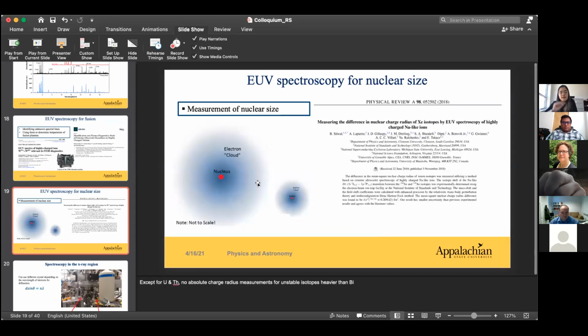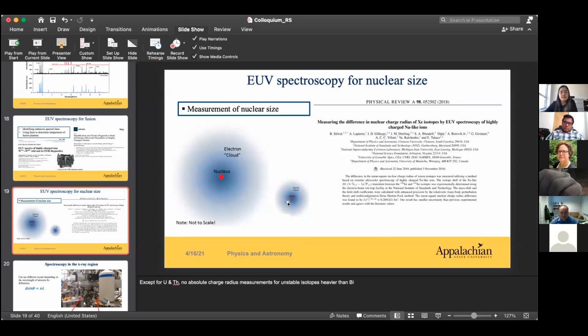Now, the other application of doing UV spectroscopy is to study the nucleus. Like I mentioned in the beginning, the size of the electron cloud gets much closer to the nucleus in highly charged ions, right? So because of this, there is a huge overlap, this is not a very good representation, but there is a huge overlap between the nucleus and the electron cloud.